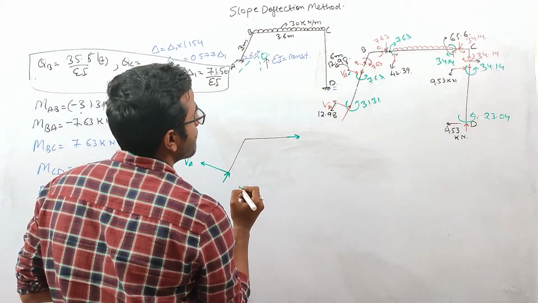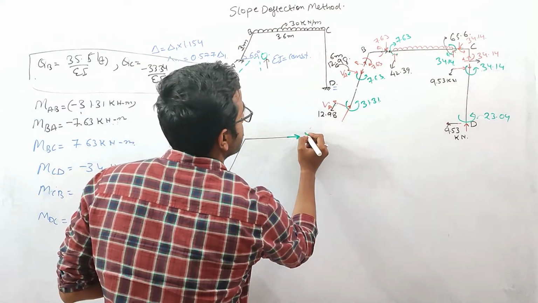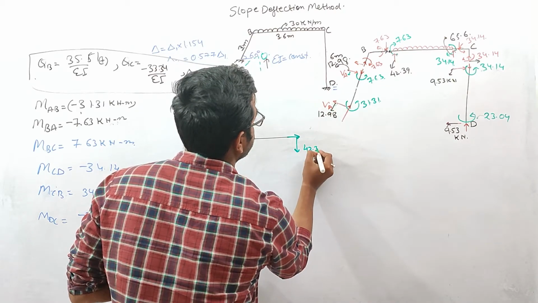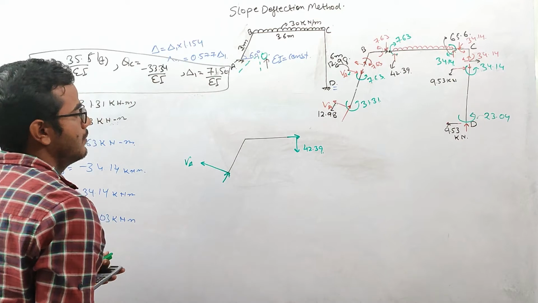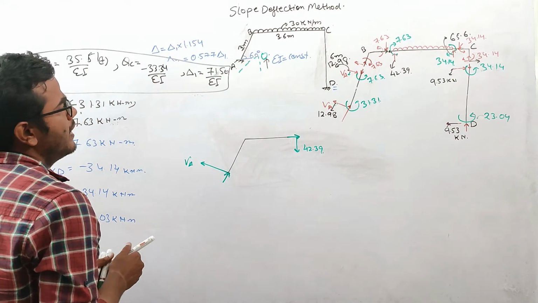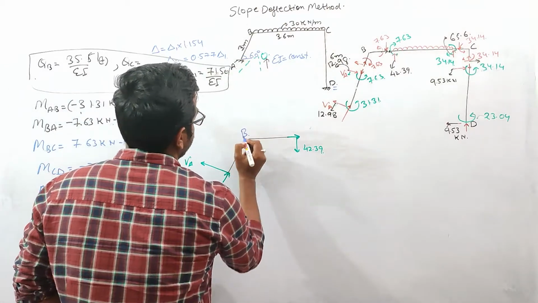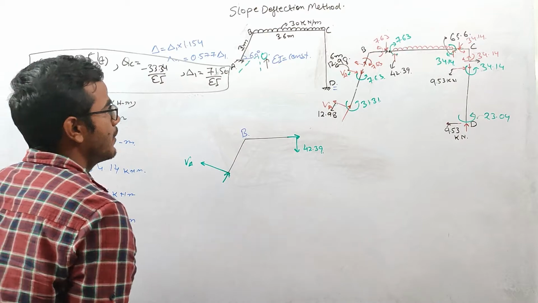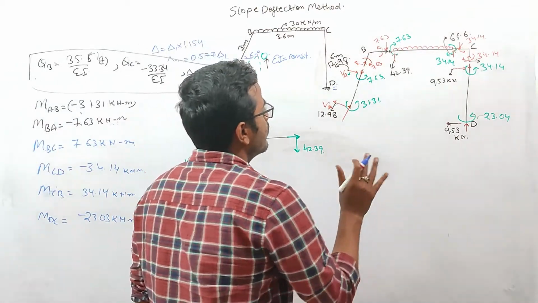And there is 40 below, at this point there will be 142.39 over here. So by considering the equilibrium in x and y direction, we will calculate the horizontal force over here.